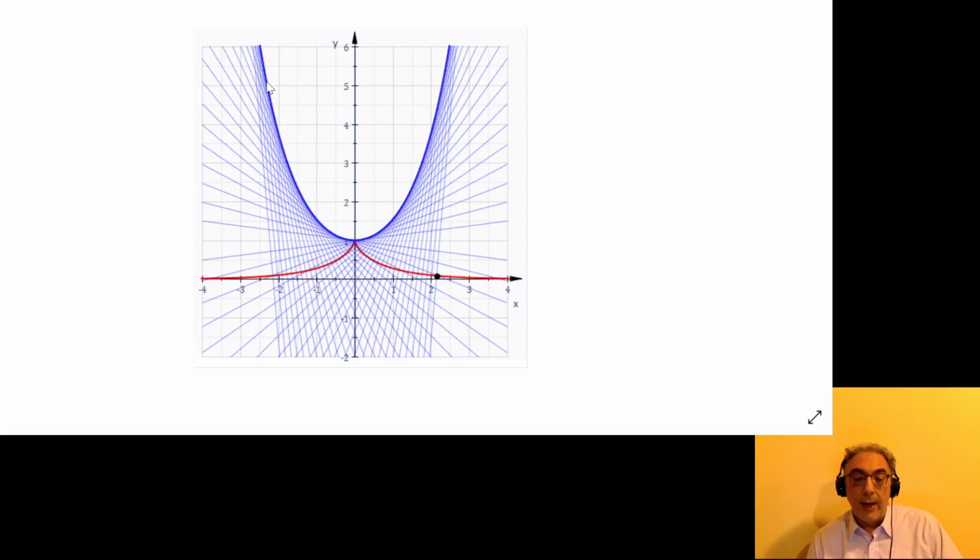Now, the issue here is that if we think of the catenary as a curve which is depicted on our screen, we can characterize it geometrically in terms of two things.